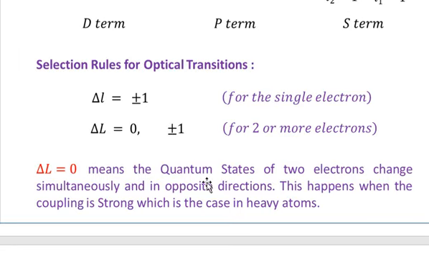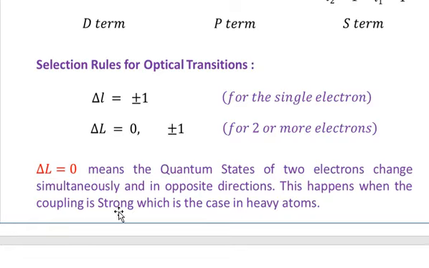Delta L equal to 0 means that the quantum states of the two electrons change simultaneously and in opposite directions. This happens when the coupling is strong, which is the case in heavy atoms.